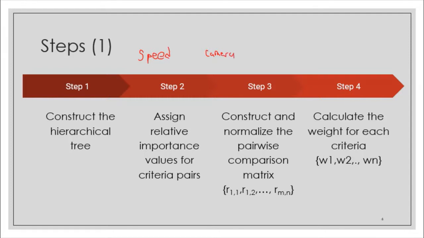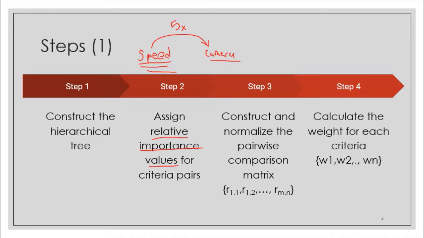So based on his preferences, the speed is much more important than the camera. And this can be described by a factor, which is the relative importance value. So based on his preferences, the speed is 5 times more important than the camera.